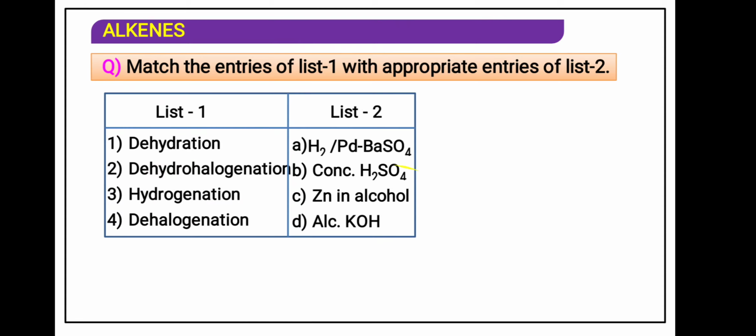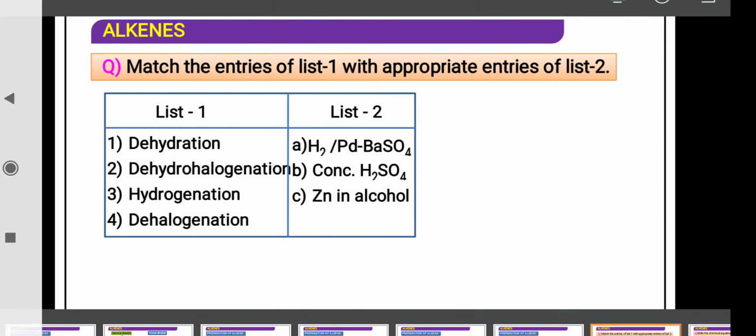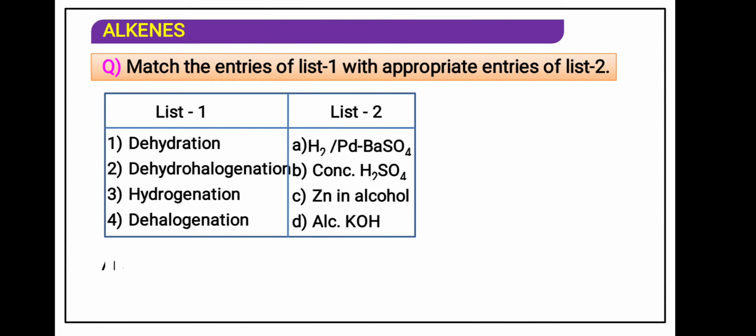Dehydration, sulfuric acid. Remember carefully, sulfuric acid is a dehydrating reagent; it can remove the water molecule very easily. To remove the halogen, that is dehalogenation, zinc is required. And for dehydrohalogenation, alcoholic potassium hydroxide, KOH.